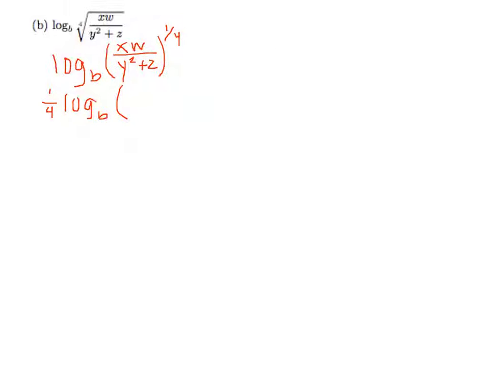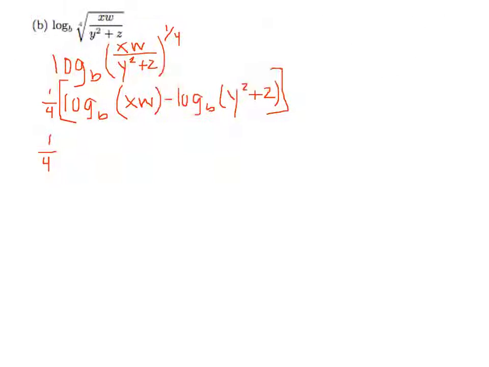and inside this log we have a division, we have a fraction, so let's go ahead and break this up using our rule where we can subtract. So we have log base b of x times w minus log base b of y squared plus z. And we have multiplication in the first log, so we can again break this up even further.